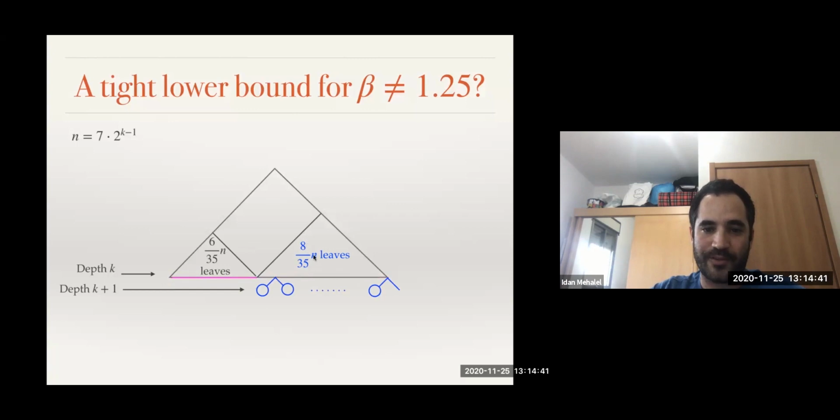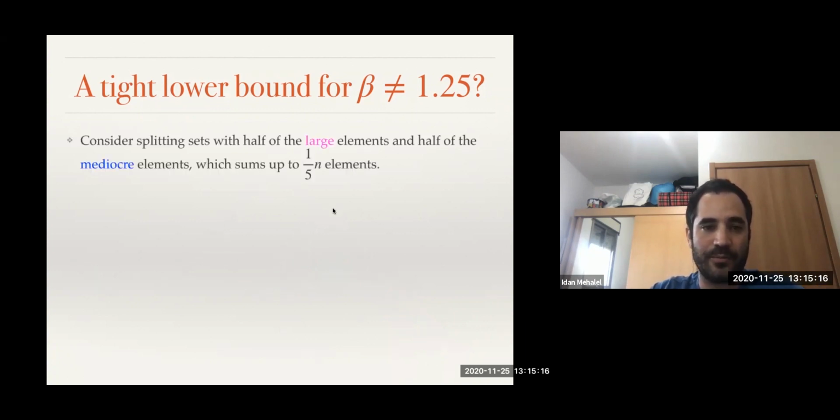And so we get 8/35 n mediocre elements, and the rest is a low probability tail. So this imitates the distribution mu from before. We have 2/5 n high probability elements, and the rest is a low probability tail. But here we have two different high probabilities. We call this distribution nu, and this is nu in binary tree form.